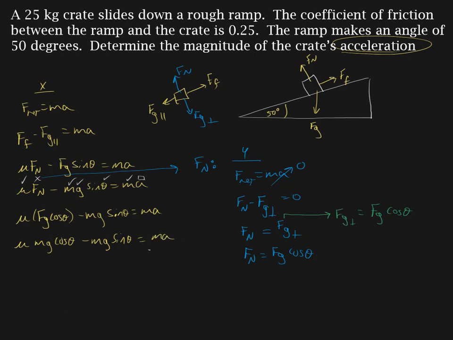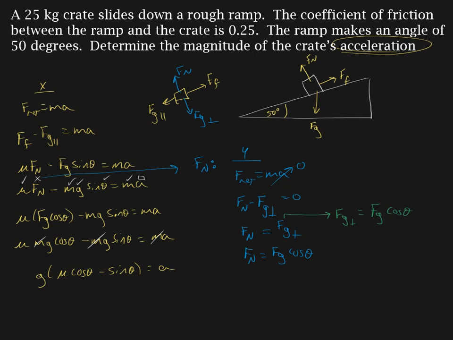We get to cancel out the m's. And to simplify the math here a little bit, we'll write this as g times mu cosine theta minus sine theta is equal to the acceleration for the block going down the ramp.